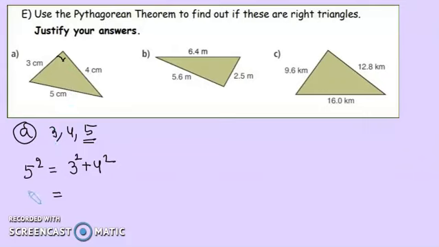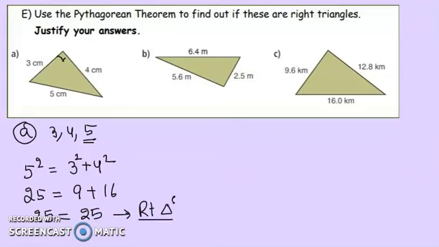So let us take a look. 5 square is 25, and 3 square is 9, 4 square is 16. When we finally add them, 16 plus 9 is also 25, which means this is a right triangle. This is the example of a right triangle.